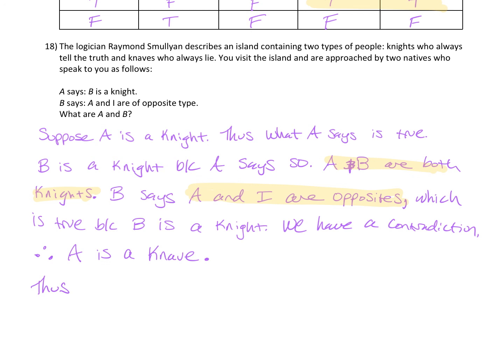Thus, B is a knave because A says B is a knight, and A is a knave, which means A lies. So A and B are both knaves.